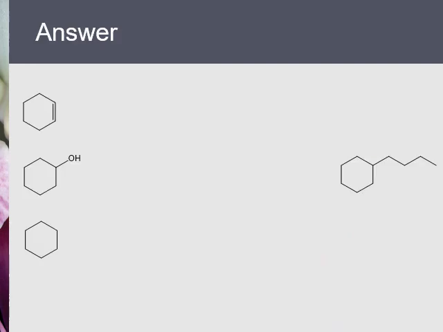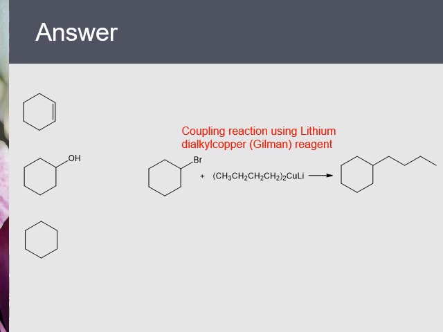So here is the answer. The coupling reaction, you can add a Gilman reagent with alkyl halides, which in this case we use bromide. To make this bromide from double bond, that's electrophilic addition, we add hydrogen bromide. From alcohol, we add the phosphorus tribromide because it's a secondary.